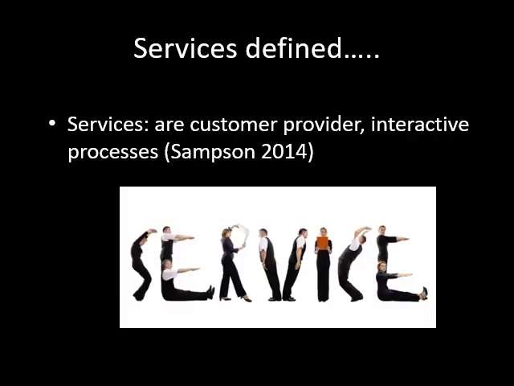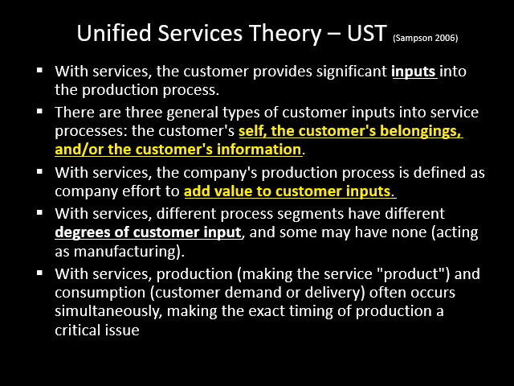So services, as defined by Sampson, are customer-provider interactive processes. And we'll look more at those as we go through. So this is based on the unified services theory. And here you can see what we've just been talking about: the self, the customer's belongings, and the customer information, and that the service company is trying to add value to these inputs.